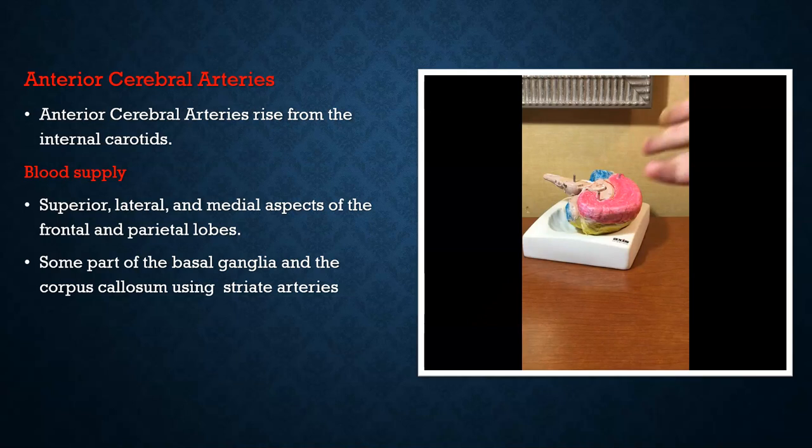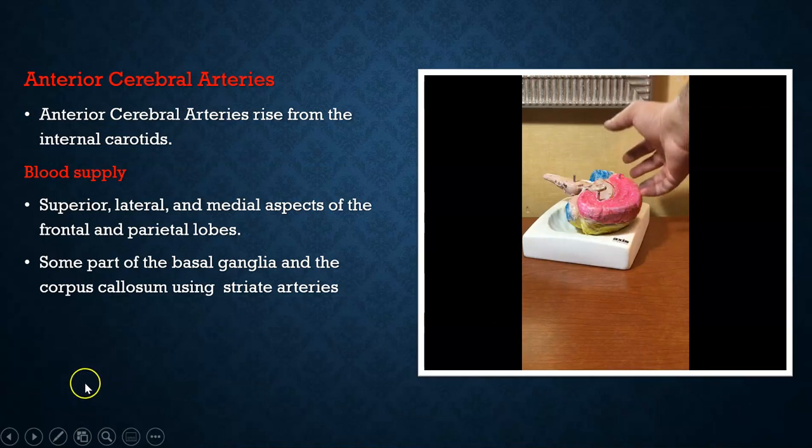The parietal lobe is responsible for the somatosensory cortex, for feeling, and spatial processing, like the orientation of the self in three-dimensional space and the space around you, and touch and pain. That's the part of the parietal lobe.